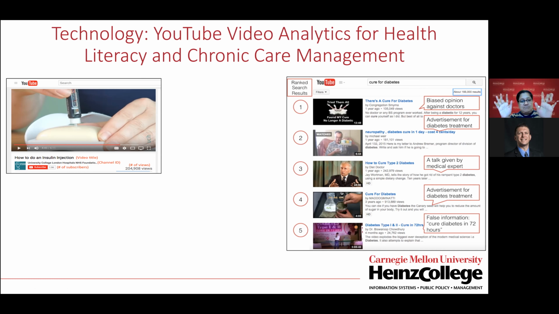On the one hand, huge amounts of really useful information. On the other hand, huge amounts of really fake information that misinforms the public, or the patient who's looking for reliable, credible, accurate information on learning about their disease. What can we do with it?